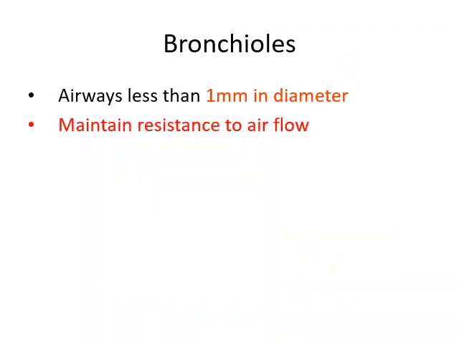Then from the bronchi you come to the bronchioles. Initially in your arterial system, you started from the aorta, which has a very thick wall, and ended up with the capillaries, which have only one layer of endothelial cells.